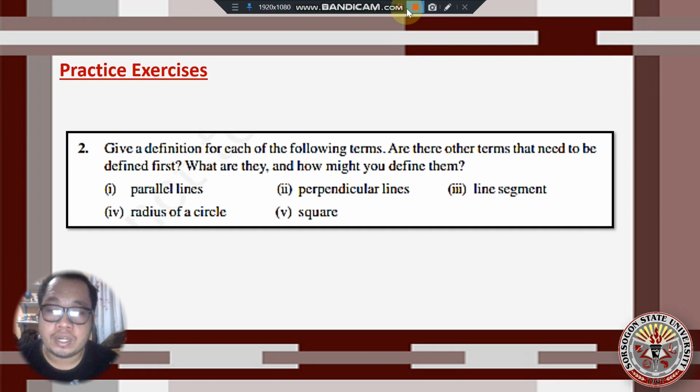For the second item, give a definition for each of the following terms. Are there other terms that need to be defined first? And what are they and how might you define them? So what are the terms to be defined? That includes parallel lines, perpendicular lines, line segment, radius of a circle, and square.